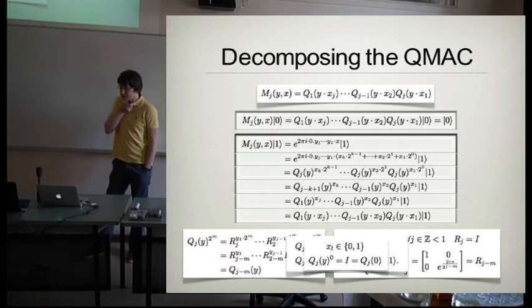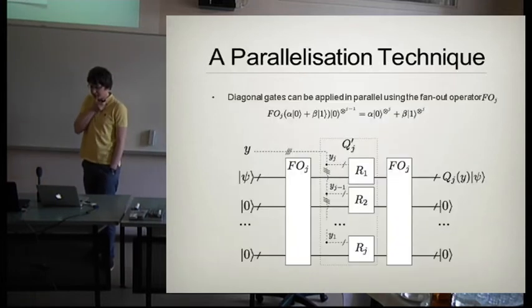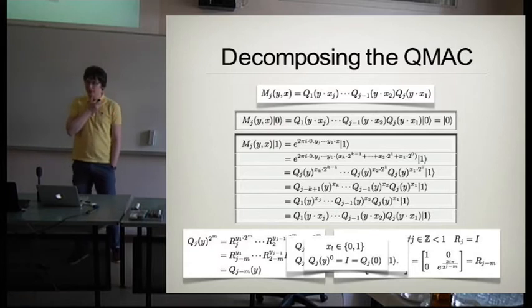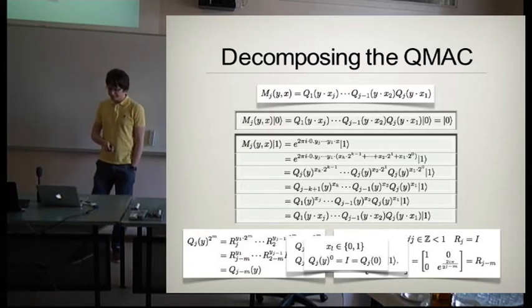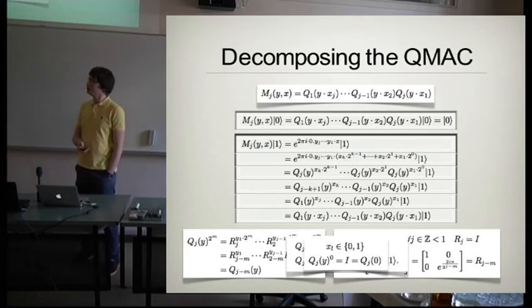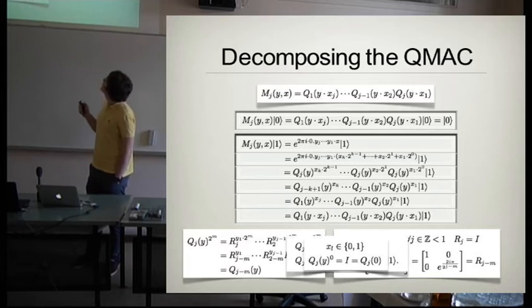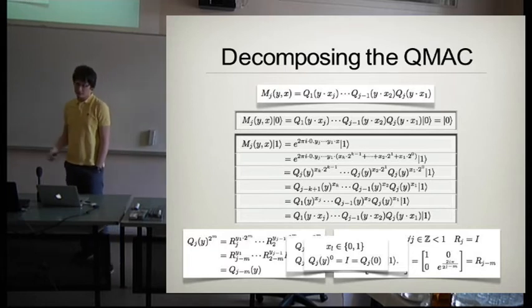So we start by looking at the definition of MJ. We expand X in binary format. Now we can use the definition of Q to write it as a set of QJ gates in a sequence.